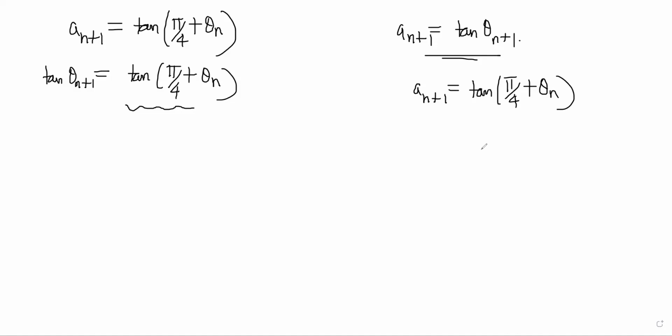And what is the connection between theta n and that? So we have a_n is tan theta n.